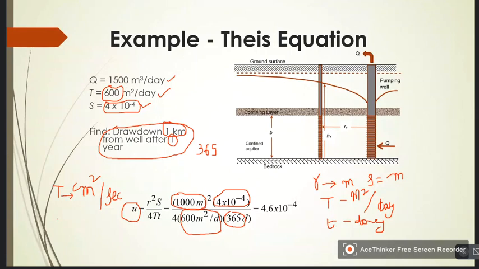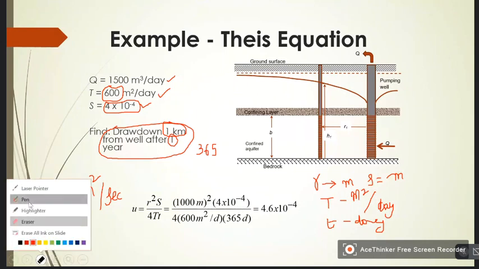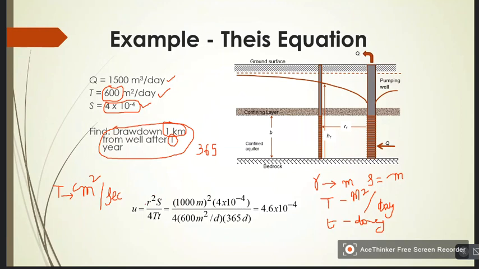Then what you have to do is, you should use the value of R in centimeters only. If you look at this, this is dimensionless. This should not have any dimensions.